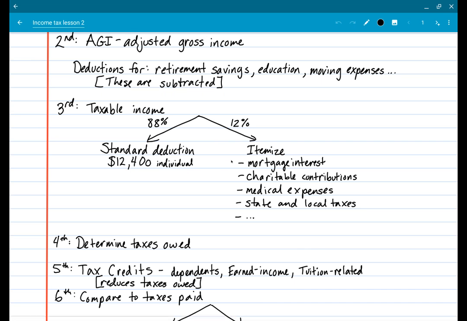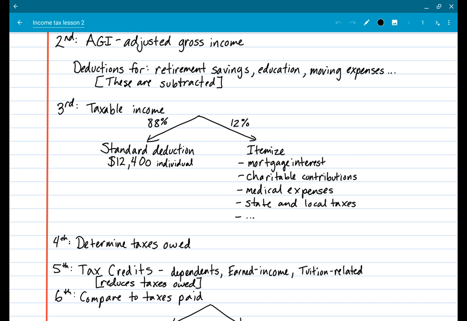If the amount for the itemized list is bigger, or you would save more by going through that checklist, then you're going to itemize and they'll prepare it with those individual deductions, versus the standard deduction where they just take that exact number as the amount that's coming off.